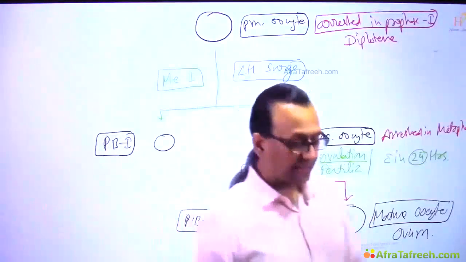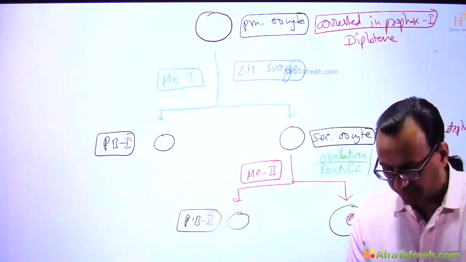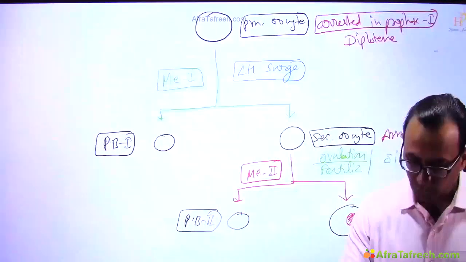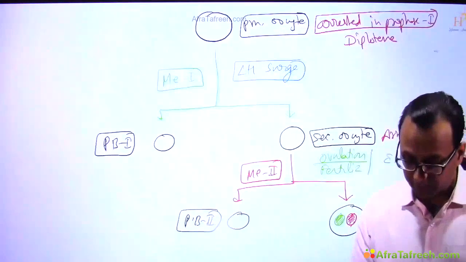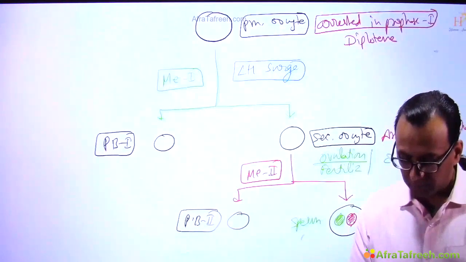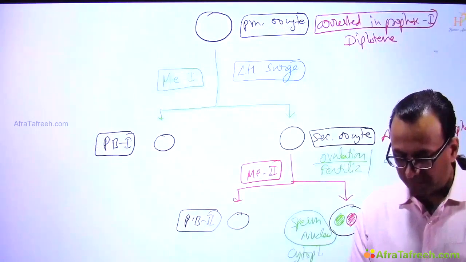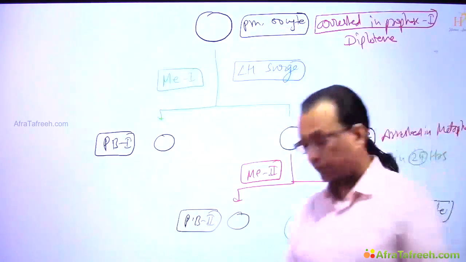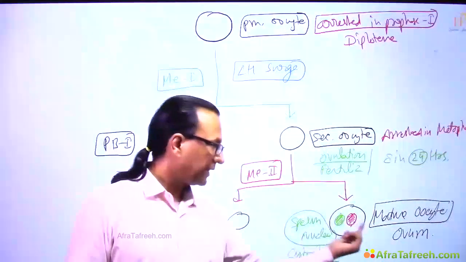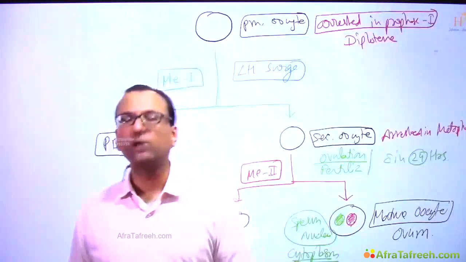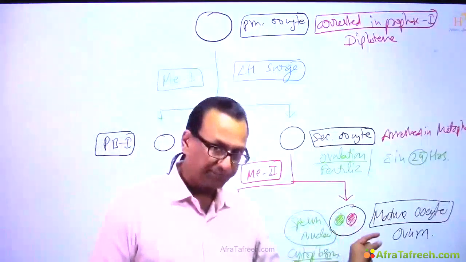Because it has one nucleus, which is the maternal nucleus, and it has one paternal nucleus also. You mean to say sperm nucleus? Yes, there is seen the sperm nucleus in the cytoplasm. Now, if you say this is the sperm nucleus seen in the cytoplasm, and that is why you are telling that it is a mature oocyte or fertilized oocyte, what will happen when the sperm nucleus reaches the center?